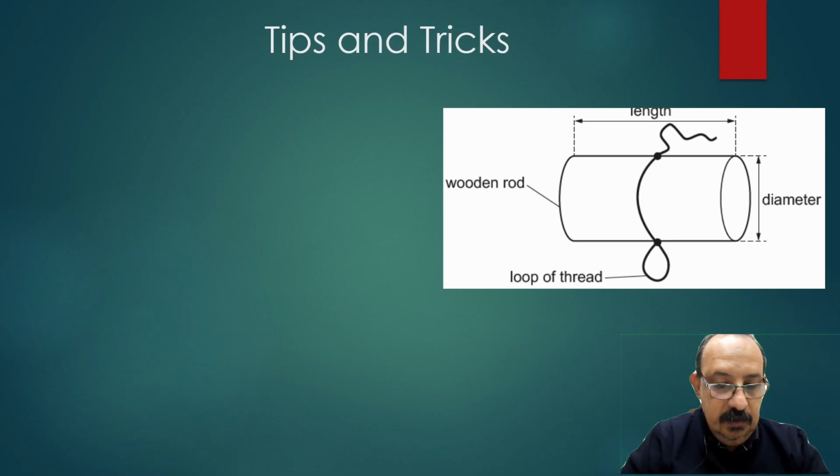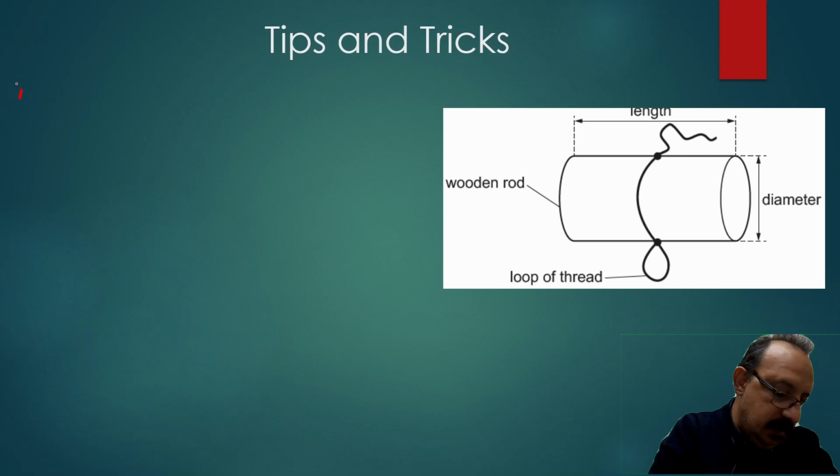Another question, not very frequent, but I have seen it a couple of times, is asking if we can measure the diameter, the radius, or the circumference of a cylinder using a string and a meter ruler.